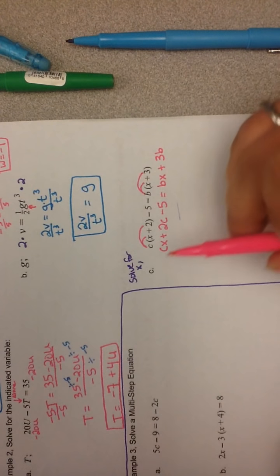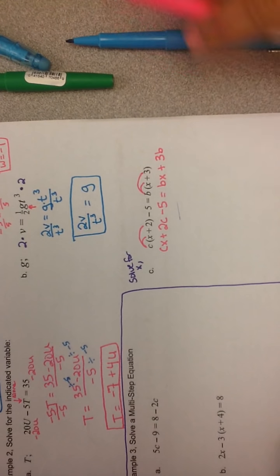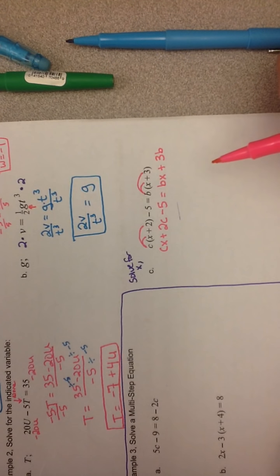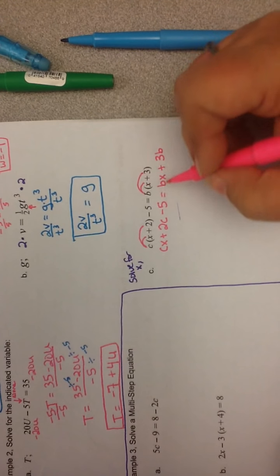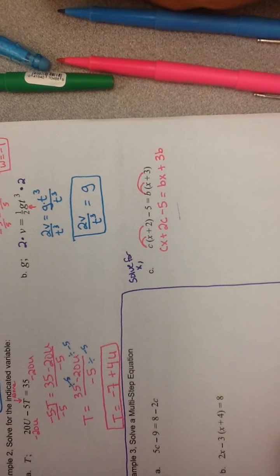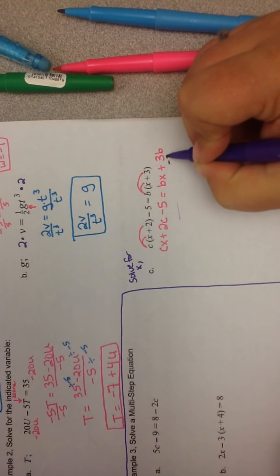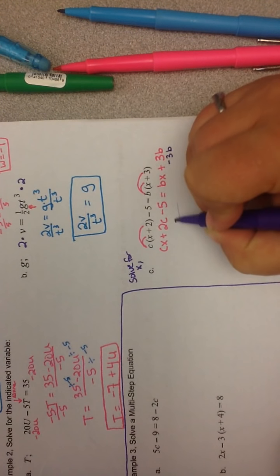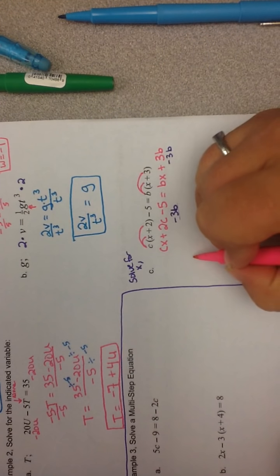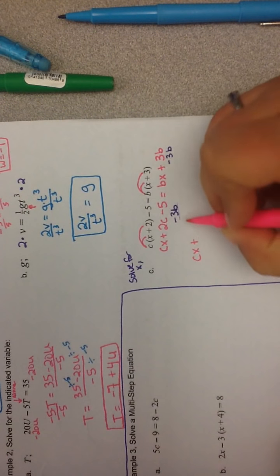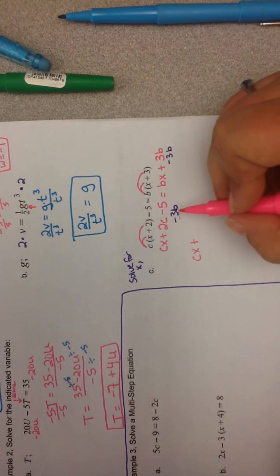Okay, we want to get x by itself, so we probably need to get both of the x's on the same side. So let's see, there's only one term here, one term here. Okay, so let's move this 3b over here. Okay, now when I rewrite this, cx plus, oh, I wanted that first.